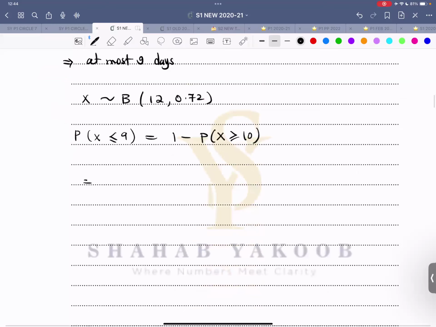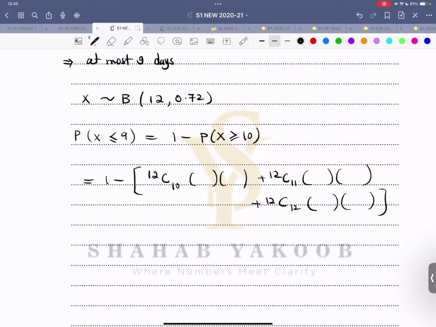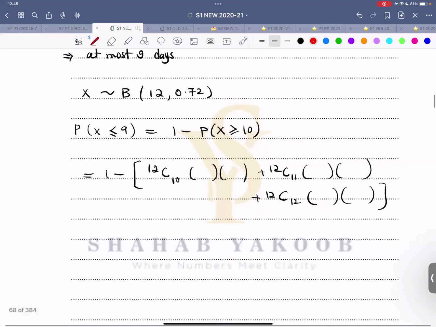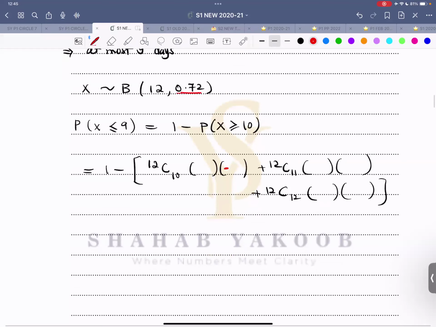So therefore, this is 1 minus 12C10, two brackets, 12C11, two brackets, and then 12C12, two brackets that are over here. What goes inside the bracket? This is the probability of success, 0.72.